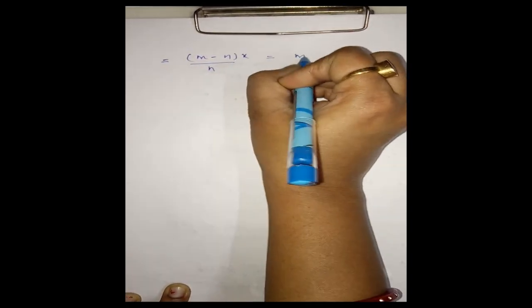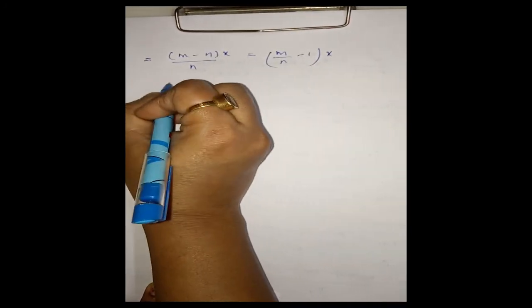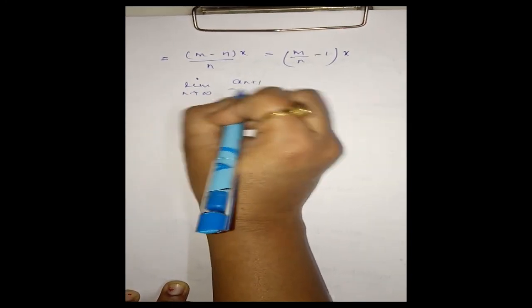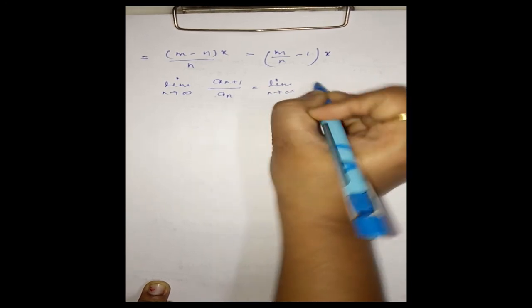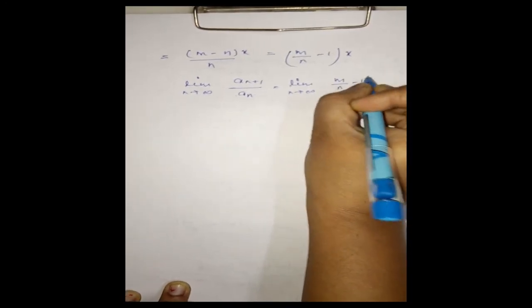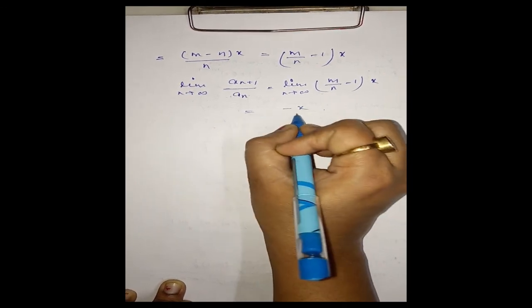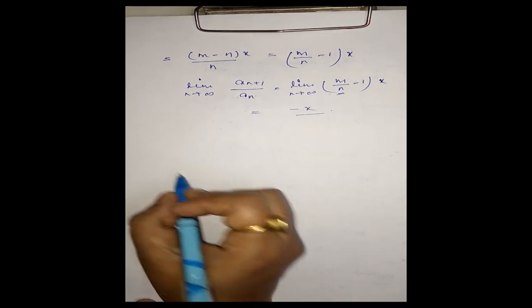That is, this is (m by n minus 1) into x. Now, on taking limit as n tends to infinity, an plus 1 divided by an is equal to limit n tending to infinity, (m by n minus 1) into x. That is, this is equal to minus x. This will be 0 and we are left with minus x.